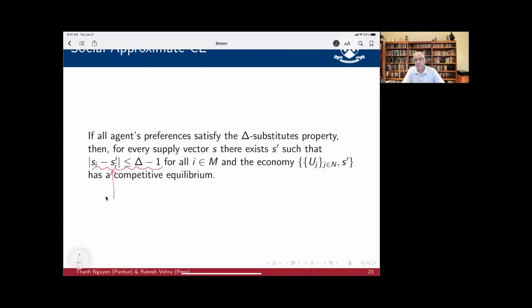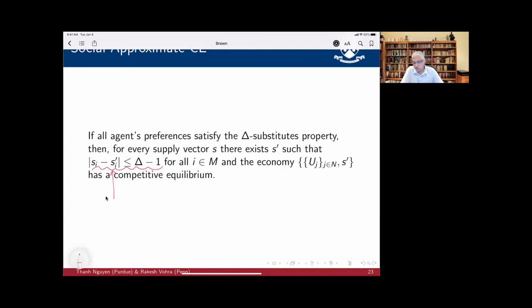So in other words, I cannot necessarily find a competitive equilibrium for the economy that you give me, but I can find a competitive equilibrium for a nearby economy. Nearby in what sense? I am going to perturb the supply vectors. That's the sense of nearby. Why do I use the word nearby? Because the perturbation involves altering the supply of each good by at most delta minus 1.